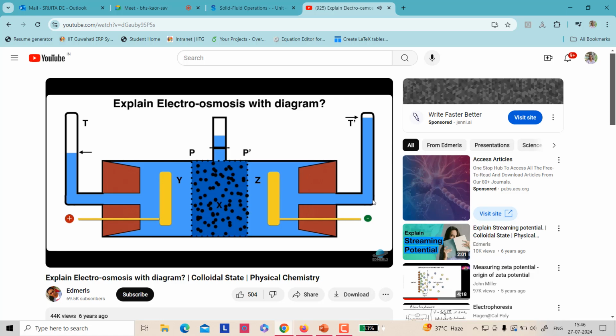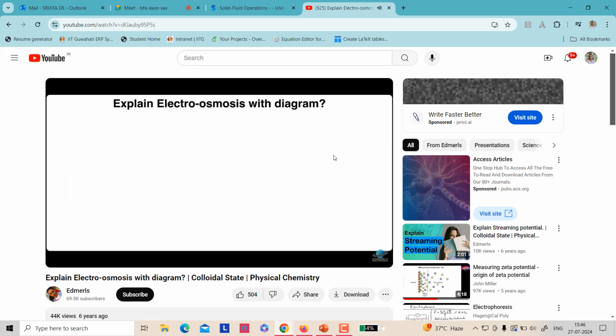If colloidal particles carry negative charge, the diffused layer has a resultant positive charge. Therefore, the dispersion medium will move towards the negative electrode, and if the particles are positively charged, the dispersion medium will move towards the positive electrode, since it has no resultant negative charge.